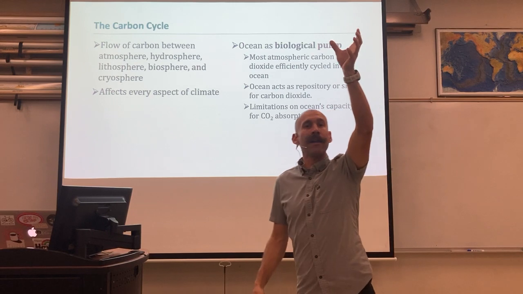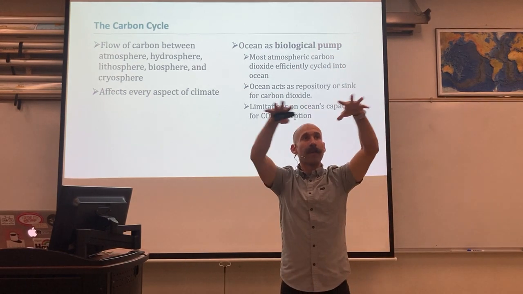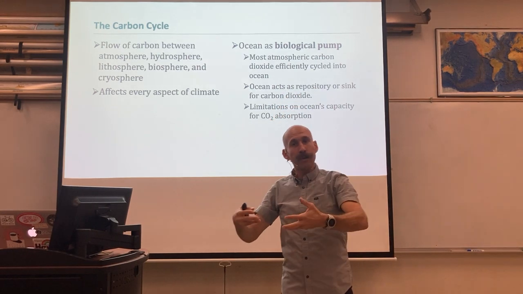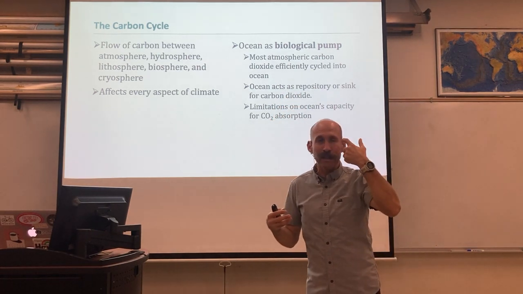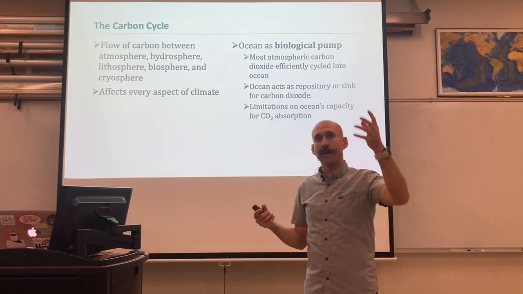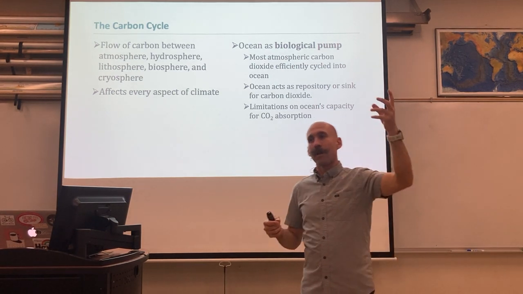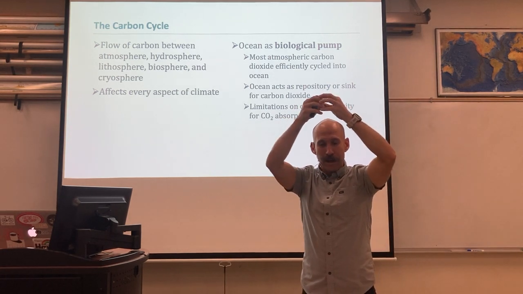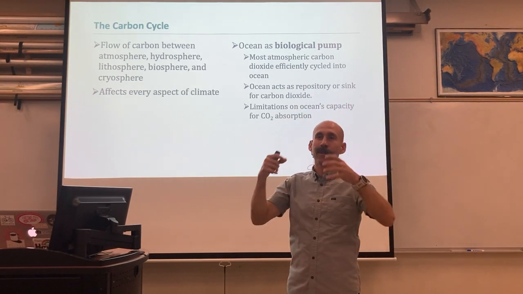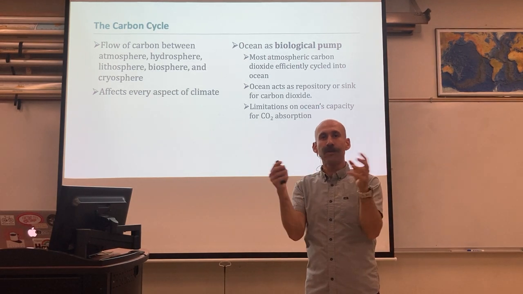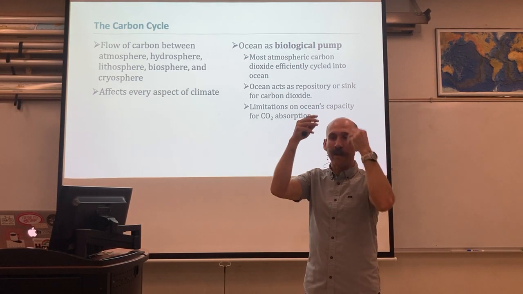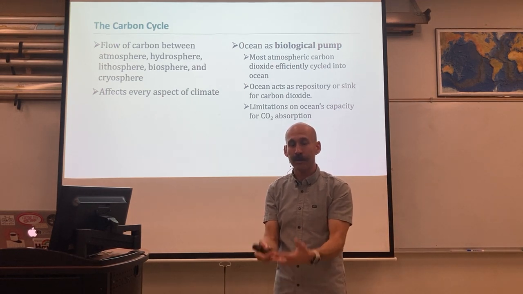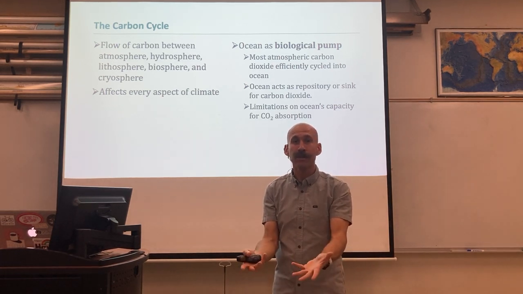The ocean is like a biological pump. So the ocean can absorb carbon at its surface, and then through the process of phytoplankton using photosynthesis, sunlight, carbon, and water to create oxygen and sugar, the remains, we've talked about this before, when phytoplankton get consumed and defecated from other animals, their remains will take carbon in their calcareous tests or shells and deposit it at the bottom of the ocean.